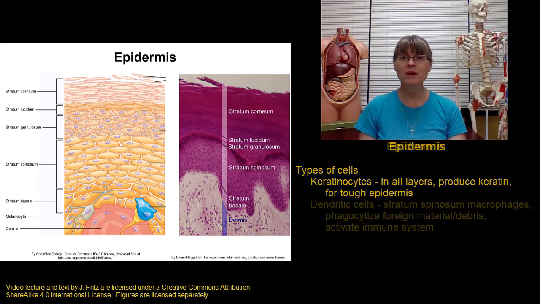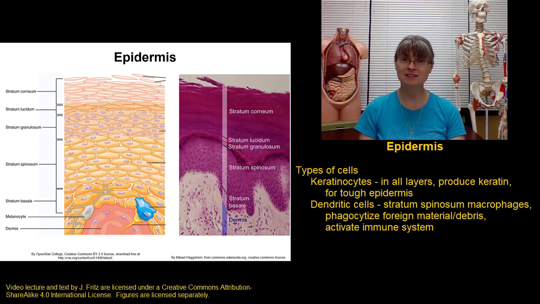For example, we have cells called dendritic cells that are found in the stratum spinosum, in that live layer of keratinocytes. And these dendritic cells are important because they are the macrophages of the epidermis. We're going to see a lot of macrophages in anatomy and physiology, and the role of a macrophage is to engulf or phagocytize particles and debris, bacteria or viruses, basically things that don't belong in that area.